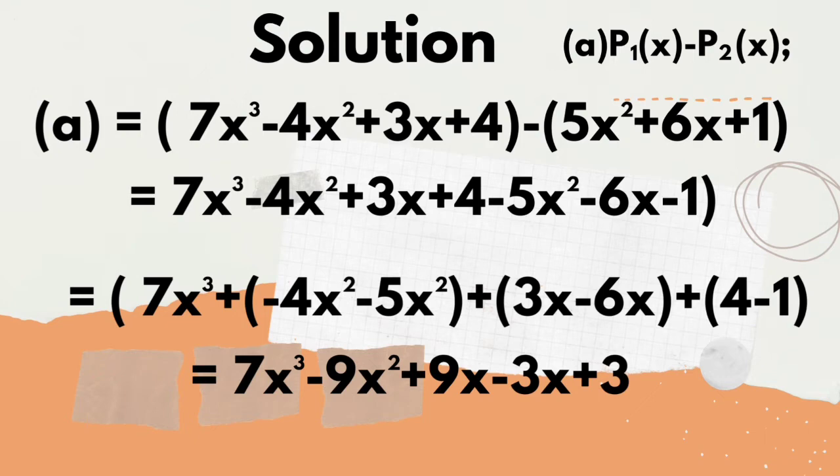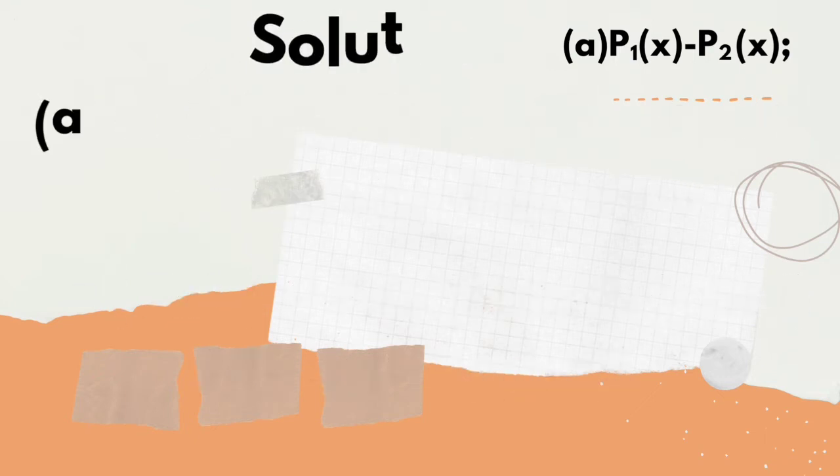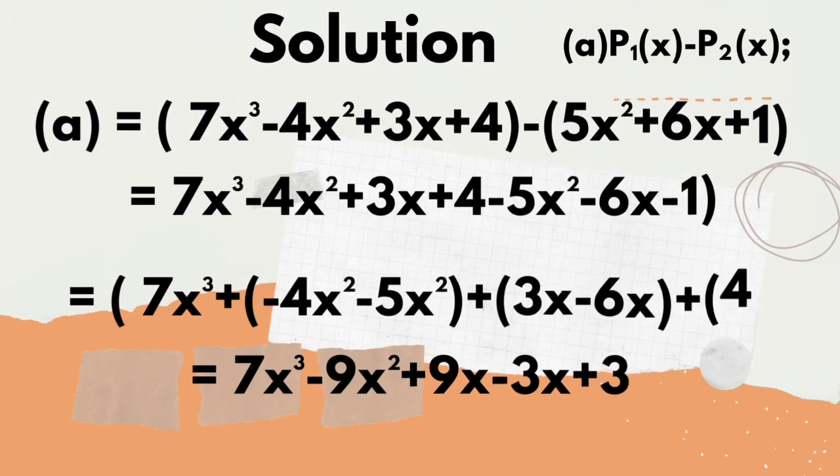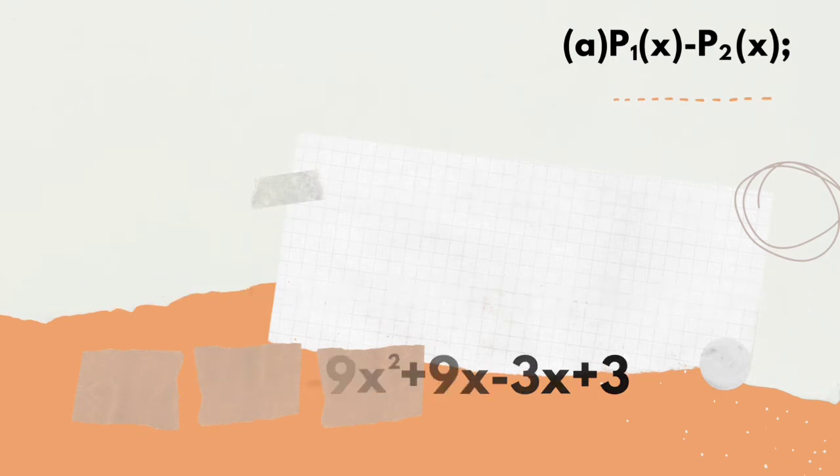Then it becomes 7x raised to 3 minus 4x raised to 2 plus 3x plus 4, minus 5x squared, minus times plus gives minus 6x, and minus multiplied by plus 1 gives minus 1. Now when we collect the like terms, the final answer gives 7x raised to 3 minus 9x raised to 2 plus 9x minus 3x plus 3.